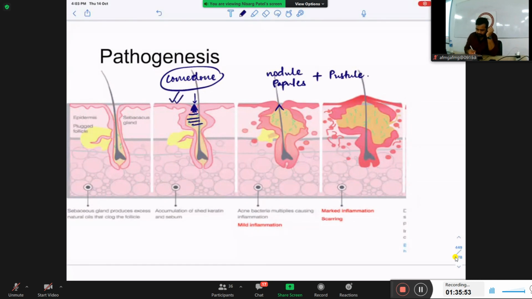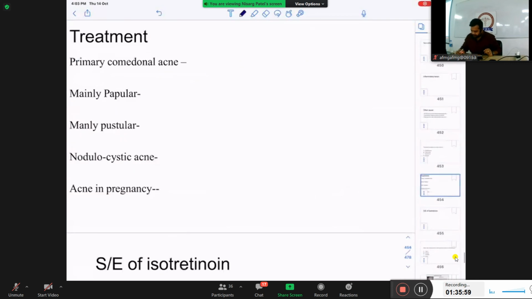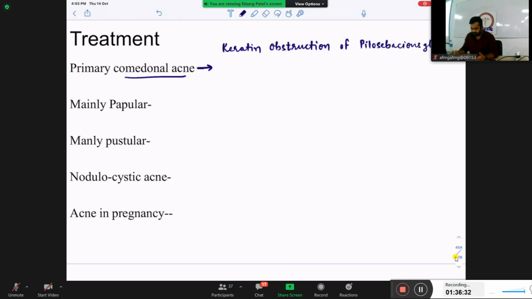But how to treat this condition? So write down what we will do. We will write down the treatment starting from the non-inflammatory to the inflammatory. So what is comedonal acne? Comedonal acne means keratin obstruction of the pilosebaceous gland.